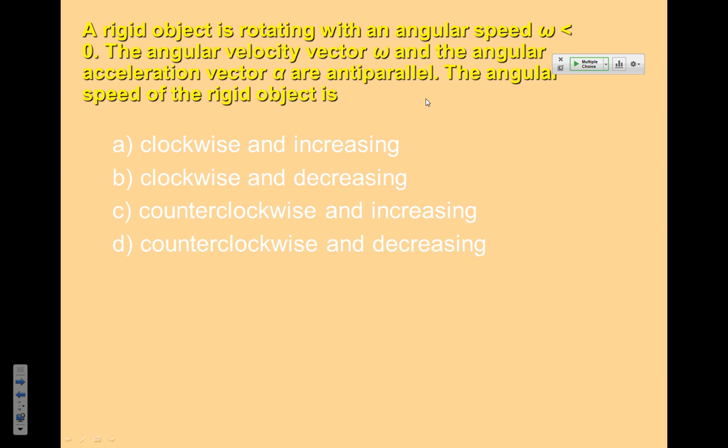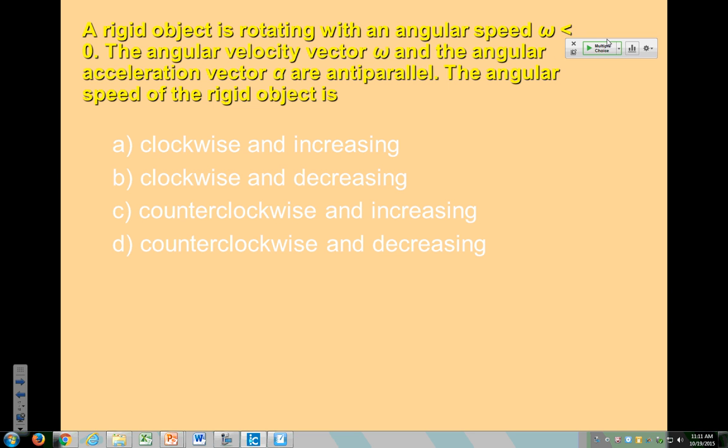Okay, a rigid object is rotating with an angular speed that's less than 0. It's negative. The angular velocity vector, omega, and the angular acceleration are anti-parallel. That's a fancy word for in the opposite direction. The angular speed of the rigid object is doing what?